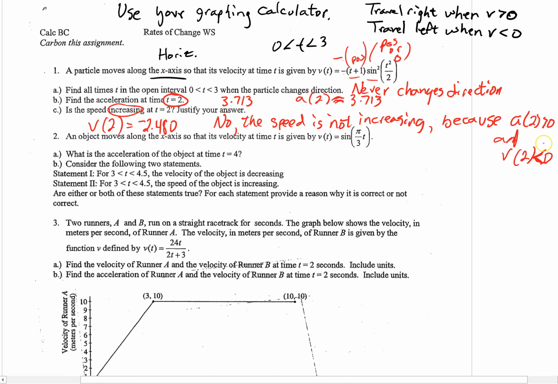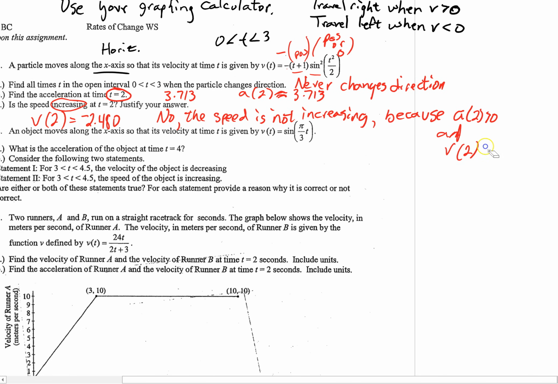You're effectively saying that these two have opposite signs. So as long as you have opposite signs, you're slowing down. Your speed is actually decreasing. If acceleration and velocity both have the same sign, either both positive or both negative, then you're speeding up. That means that your speed increases.